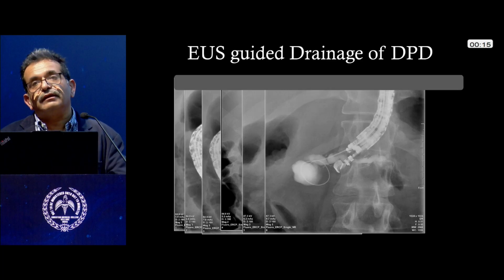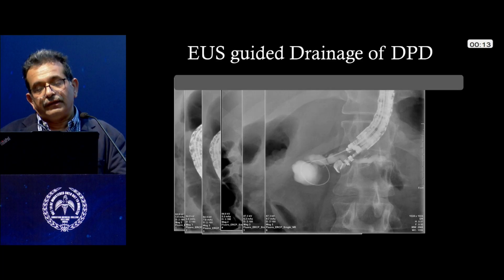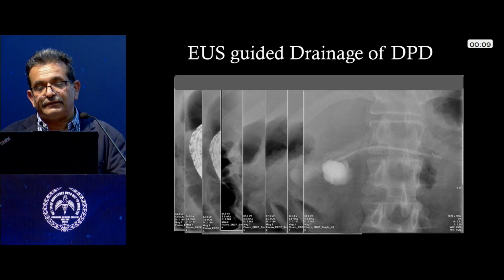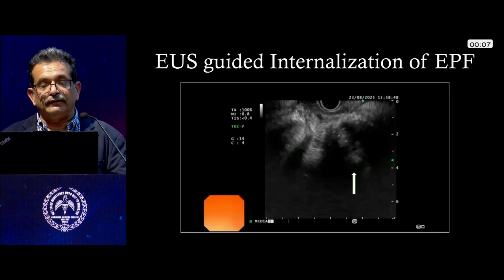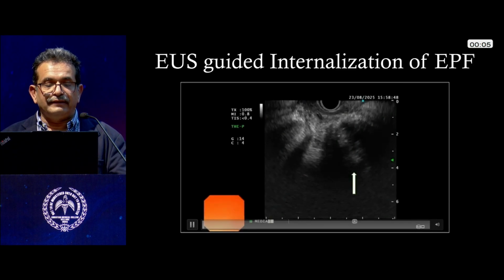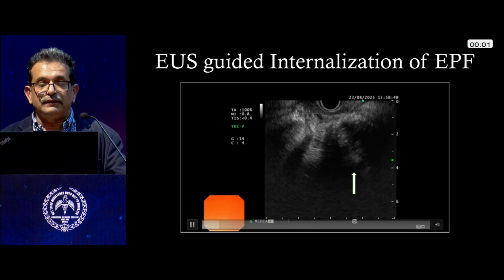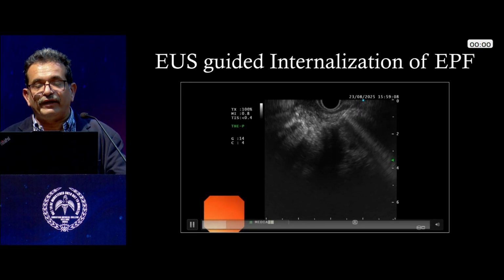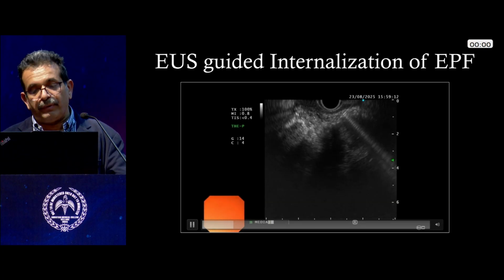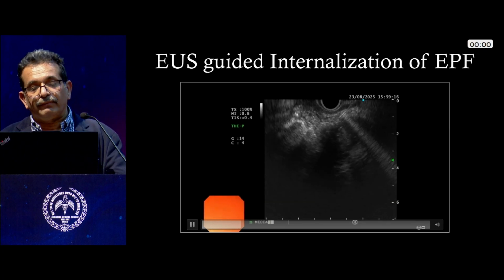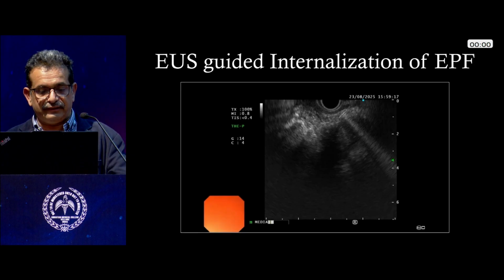We can get a guide wire across through a 19 gauge needle, dilate the tract, and then place plastic stents. Similarly, internalization of an external pancreatic fistula can be performed. Here we have a very ill-defined collection because of a pancreatic fistula, and we can similarly place a guide wire through the 19 gauge needle.